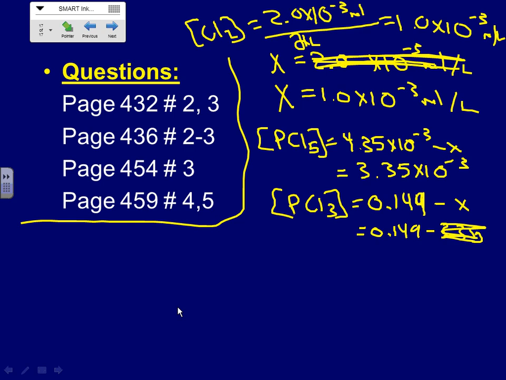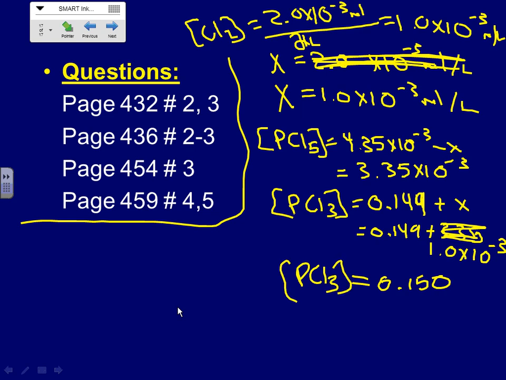Oh! Is it plus x? Plus 1.0 times 10 to the minus 3. Did I get it right? It's killing me this morning. We got Monday morning all over this. 1, 2, 3. It adds to that last decimal, doesn't it? 0.150. Woo! That was painful.